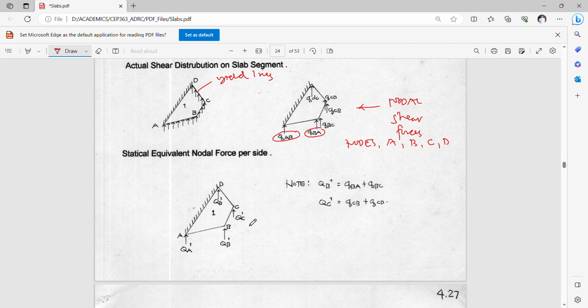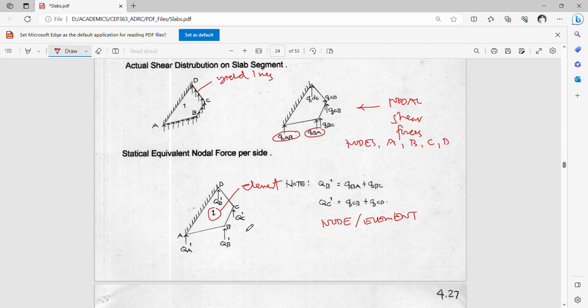But here we are using the element description combined with the nodal description.